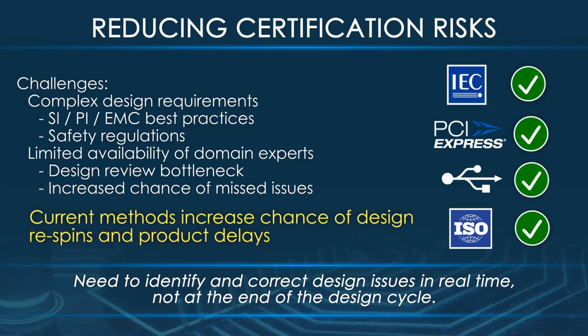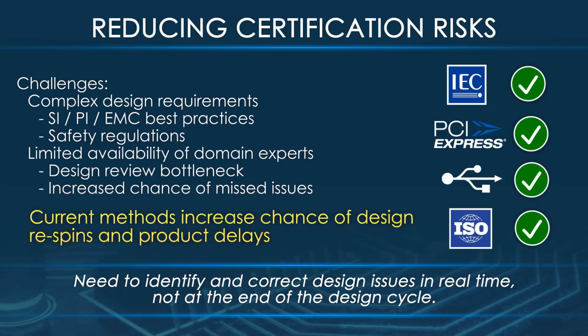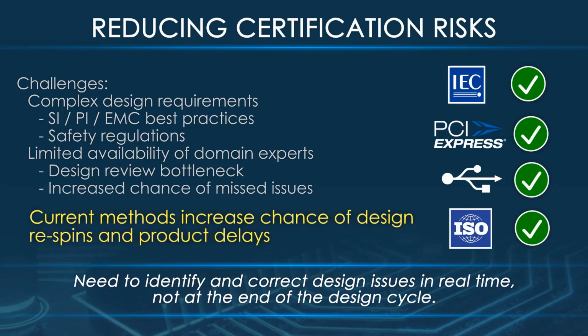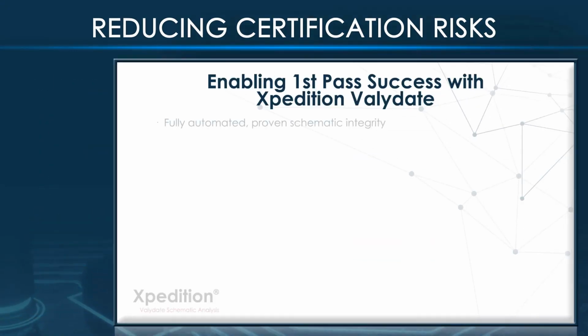All these things require domain experts, and they can cause design review bottlenecks and increased chance of respins of the board. So we need to identify these issues and correct them.